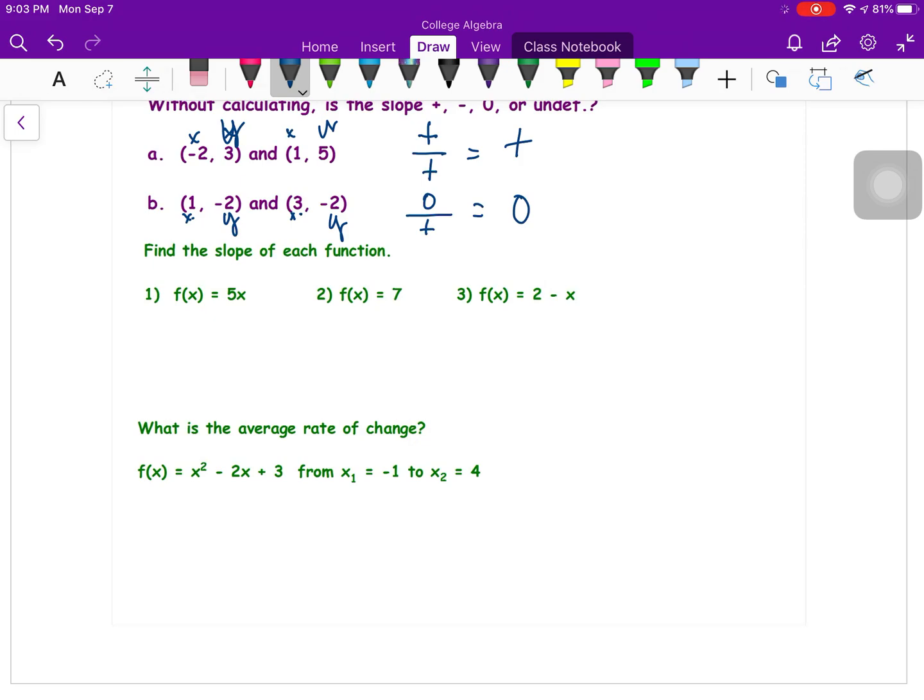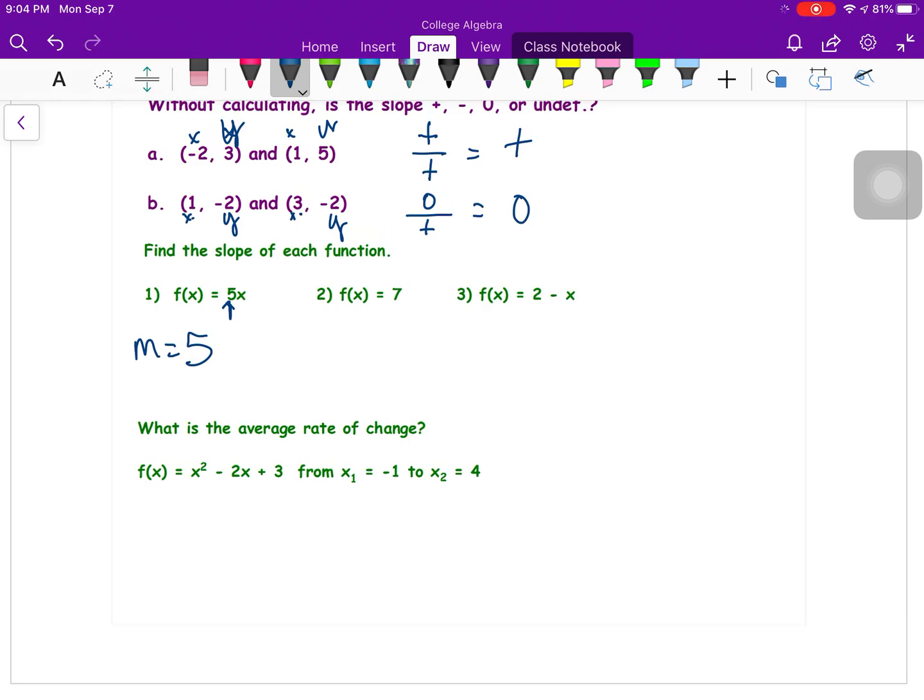Now it says find the slope of these functions. Well, these are all numeric descriptions because they are all equations. So f of x equals 5x. My slope is the number in front of x. So here my slope is 5. F of x equals 7.